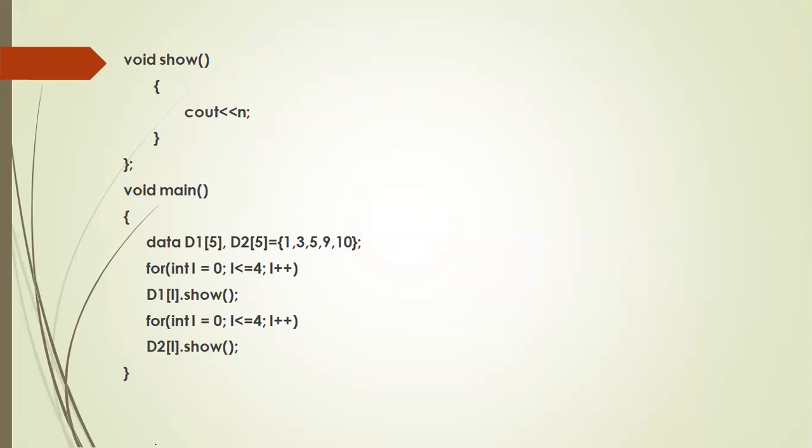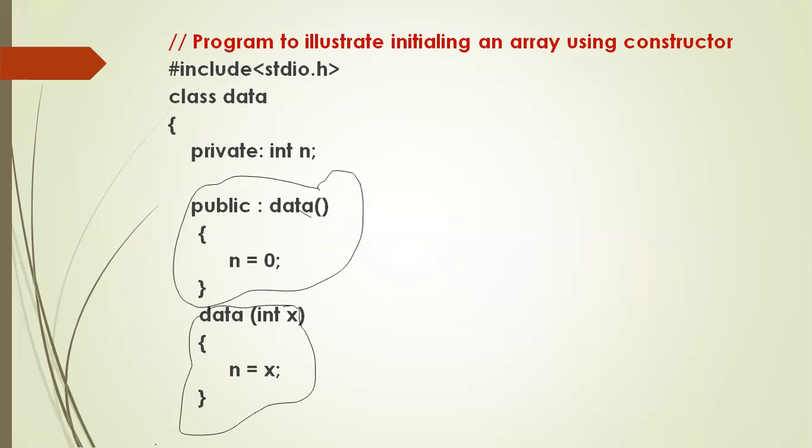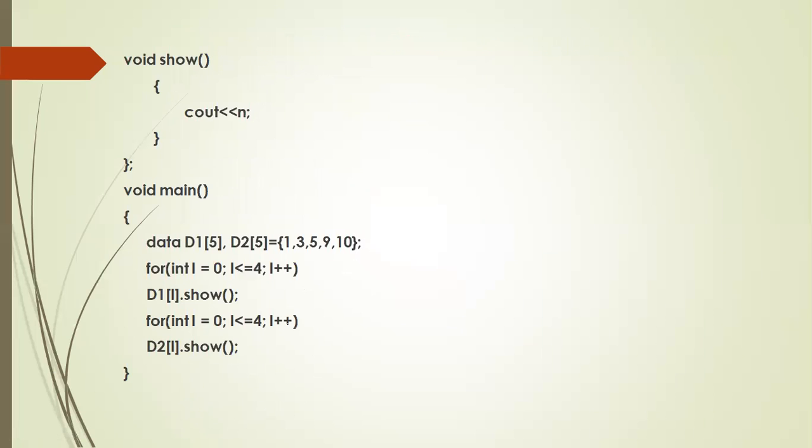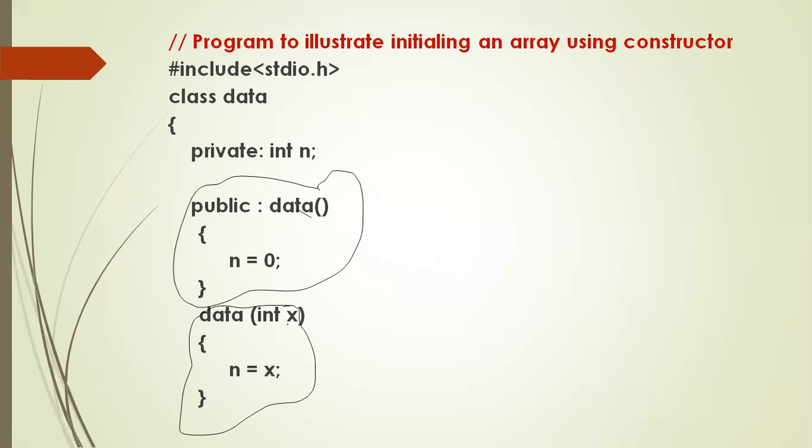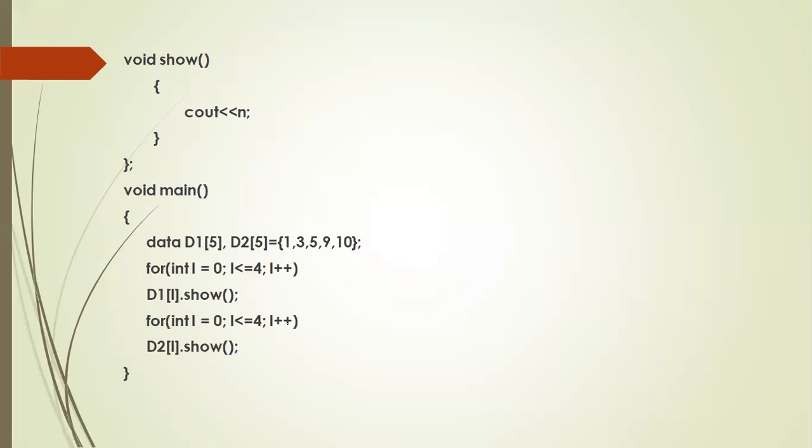Whereas for the second array of objects, d2 of 0 becomes 1. Now it will make use of the second constructor. The x value becomes 1, and that is assigned to n. So for d2 of 0, the member data value becomes 1.